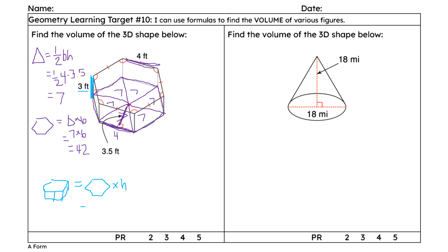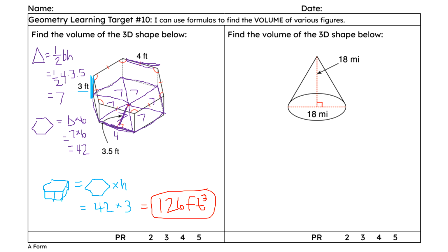So the area we found of the hexagonal base is 42, and we're going to multiply that by the height of 3. That's going to get us our total volume here. So 42 times 3 is 126. Now this is feet, but this is now cubic feet. This is feet cubed, or to the power of 3, because now we are in 3 dimensions, length, width, and height, to find total volume.